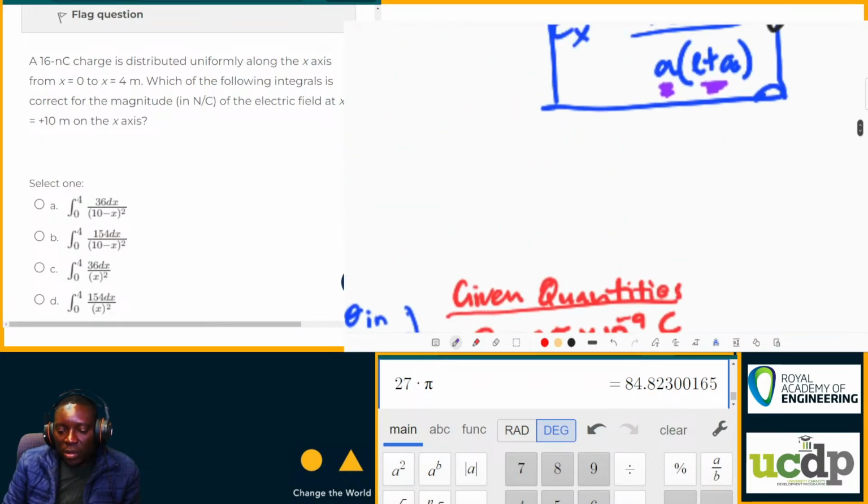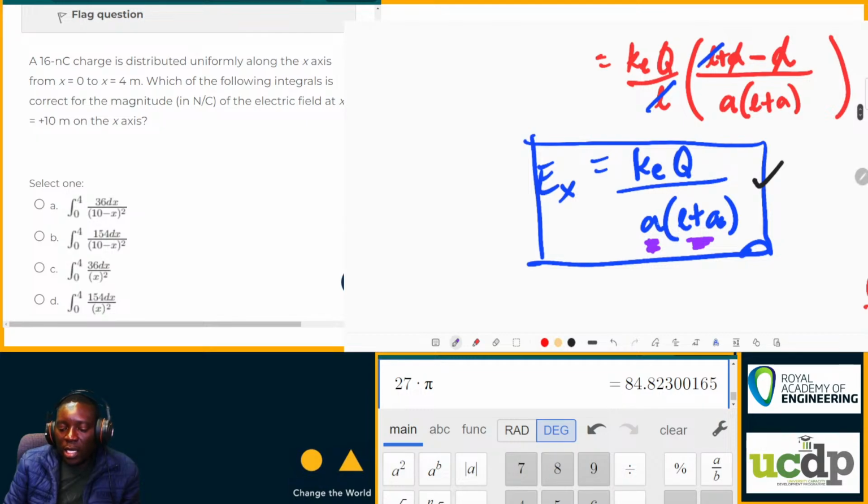So I'll repeat, we got this expression here. A was basically the point of measurement minus the point of the end of the rod.